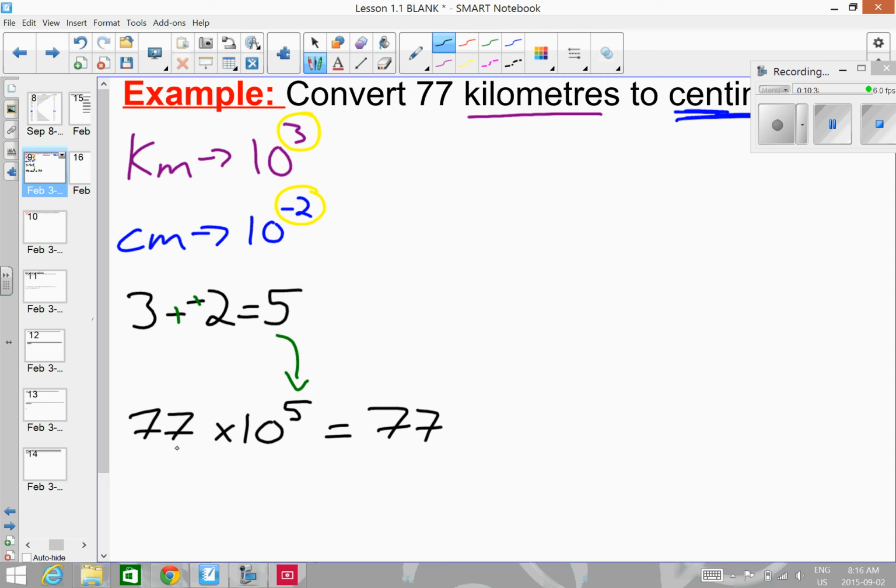Now when there is no decimal, remember, it's always at the end. We're going to move it 5 times. So it's going to be 1, 2, 3, 4, 5. We're going to fill up all those spots with zeros. And our answer is, ooh, big number, 7,700,000. Cool.